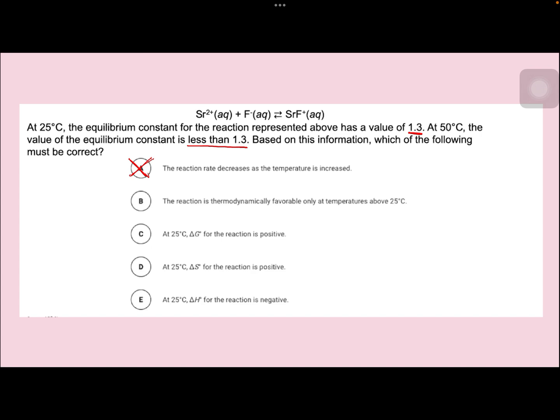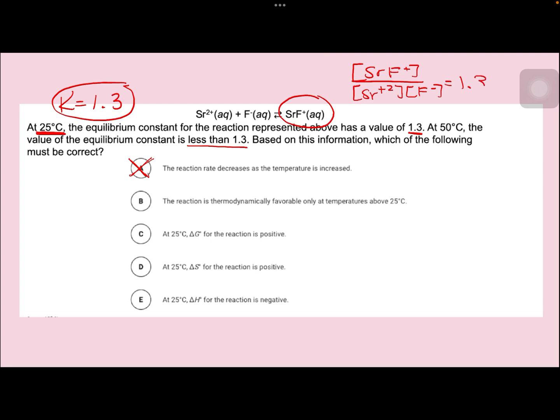For choice B, the reaction is thermodynamically favorable only at temperatures above 25 degrees Celsius. Let's look at what we're given here. We're told that at 25 degrees Celsius, the equilibrium constant is equal to 1.3. An equilibrium constant greater than 1 tells us that we have product present, because the equilibrium expression for this equation would be products over reactants.